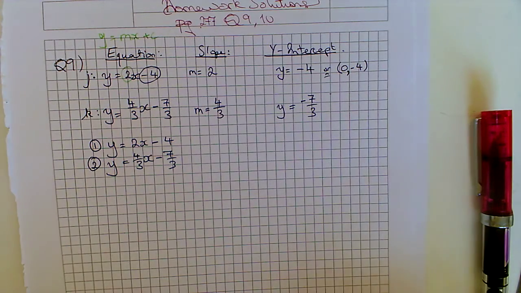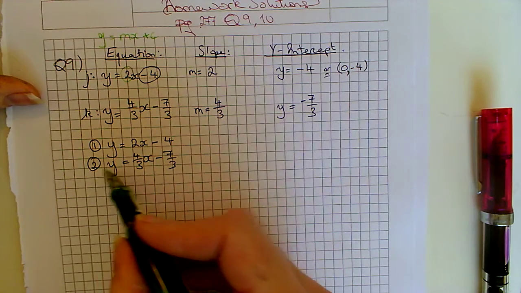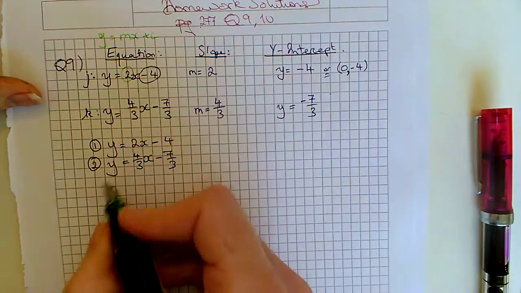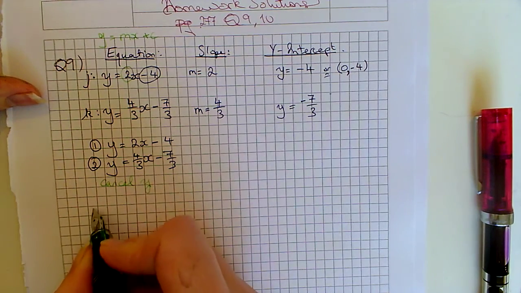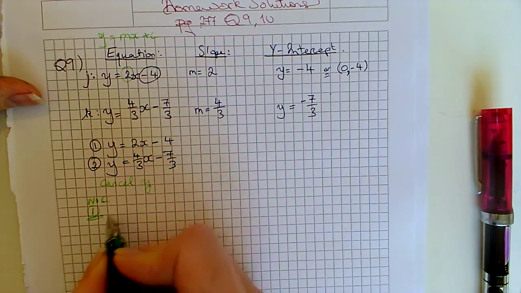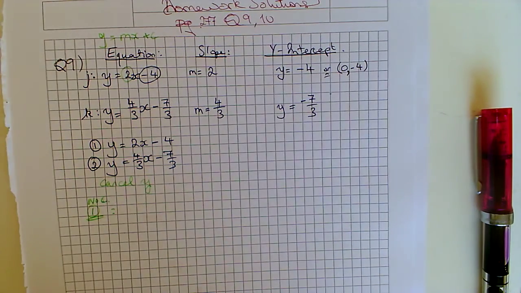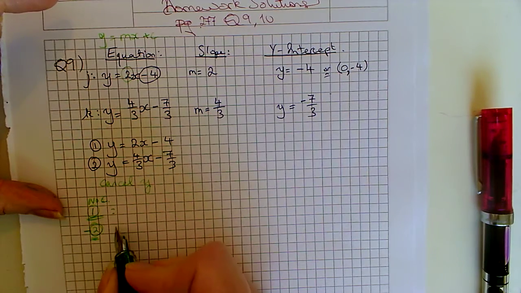Now, when they're all set up as y equals mx plus c, the easiest thing to do is just subtract equation 2. So I'm going to cancel y, and I'm going to do it by not changing, no change to equation 1. So I'll just write it down exactly as it is, and I'm going to subtract equation 2.